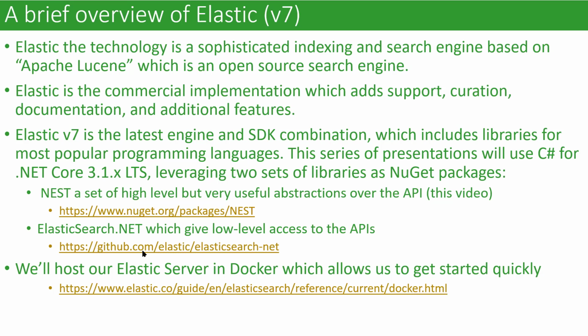So Elastic is a sophisticated indexing and search engine that's based on the Apache Lucene open source project. And Lucene was developed with an initial set of algorithms that essentially asked the question, how could we do searching much more efficiently than the traditional index crawling of initially SQL, but then considering other NoSQL options as well?